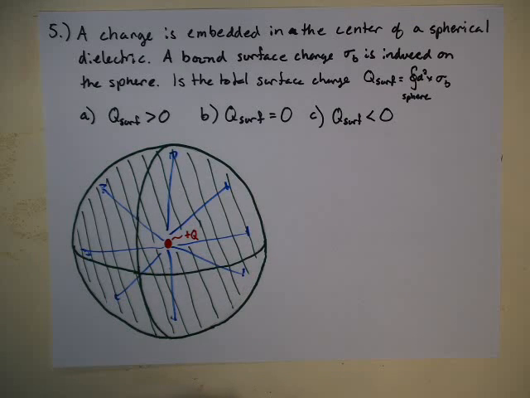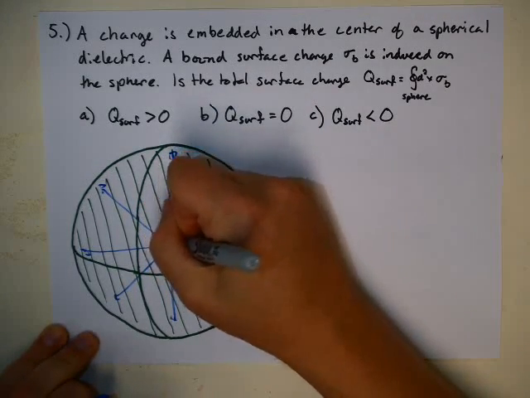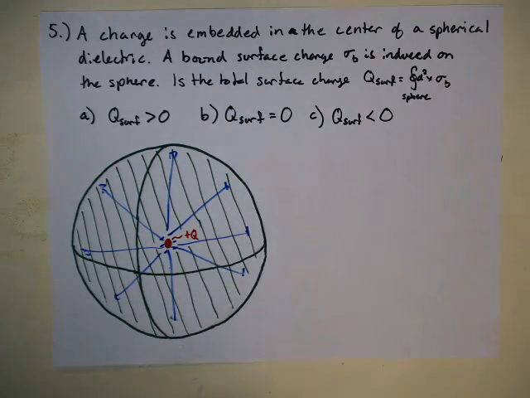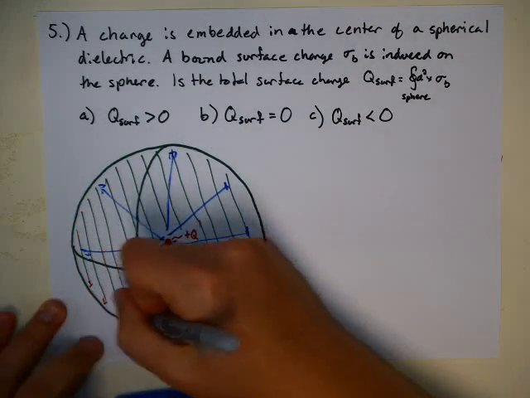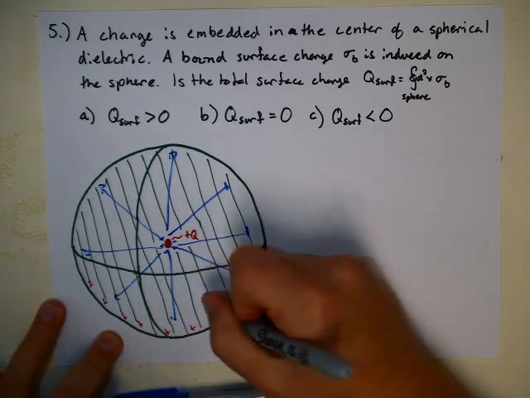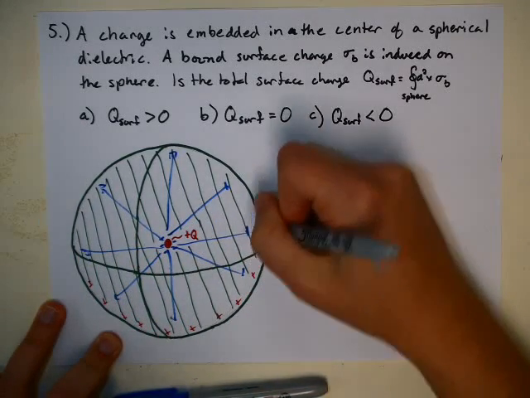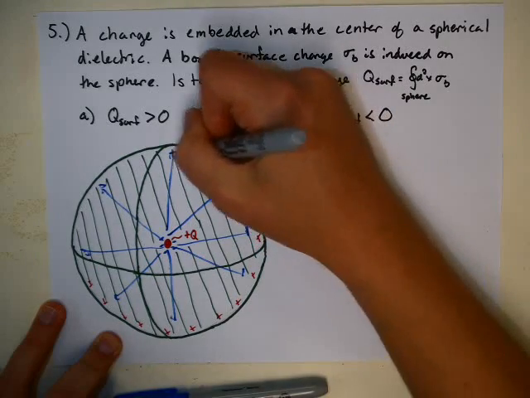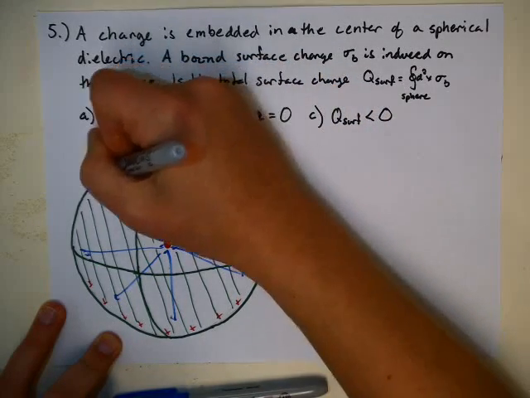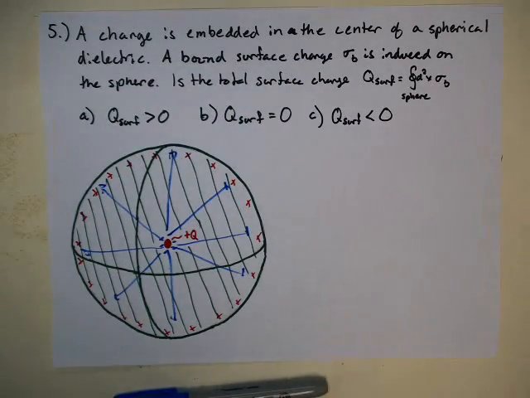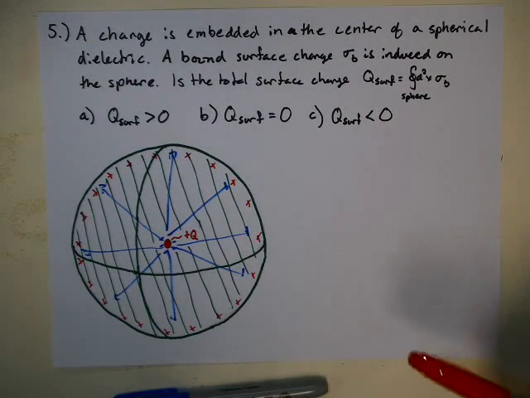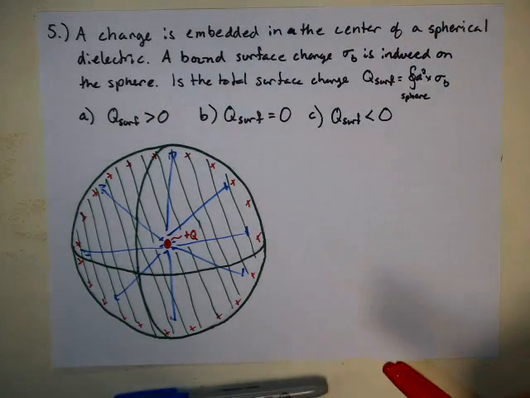And so what we're going to see is that negative charges are brought closer, so we should get some negative charge around here, and that positive charges are going to be pushed further away, and so we should get a buildup of positive charge on the surface. And that already tells us that the total surface charge is probably greater than 0.